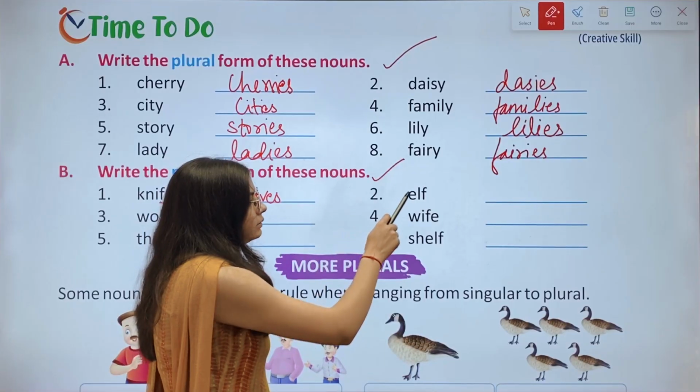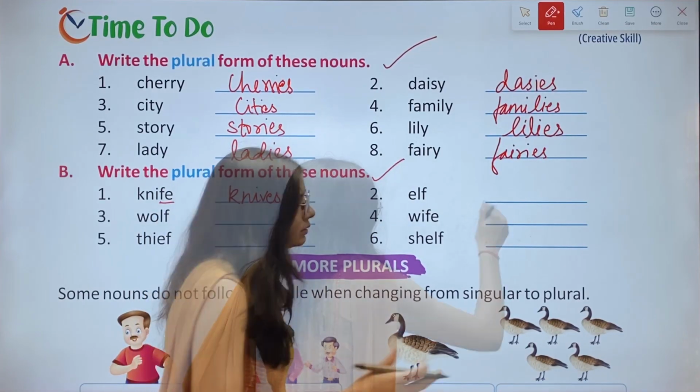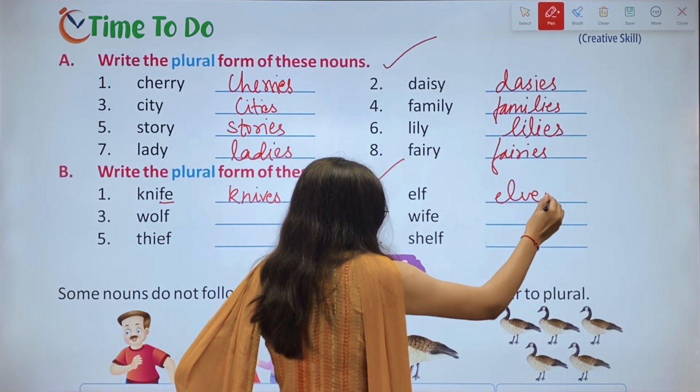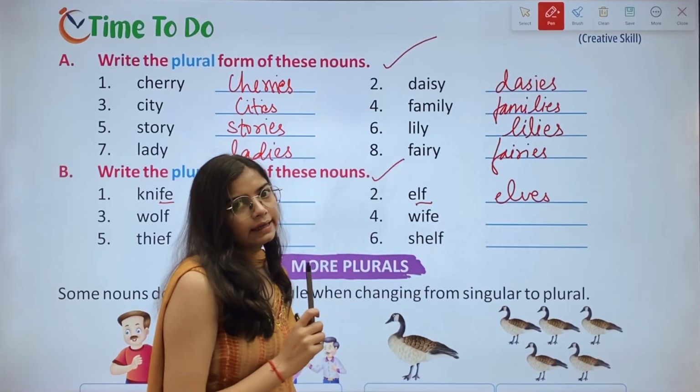Then second, elf. Now the plural of elf is elves. Here we have removed F and added VES.